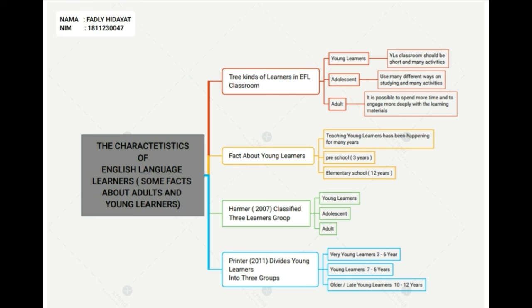The first is children who start preschool at about the age of 3. The second is the group of children who start primary school at around the age of 5 to 7 and finish primary school at 11 to 12.